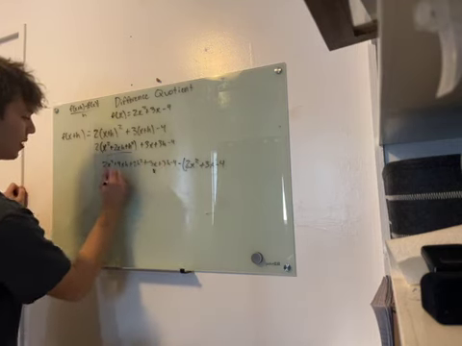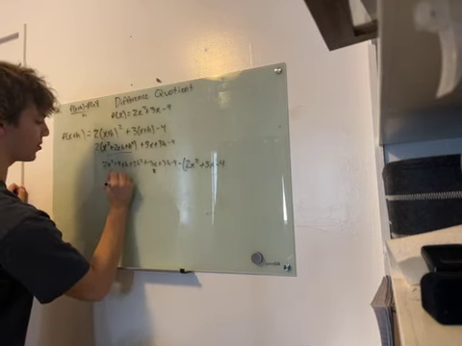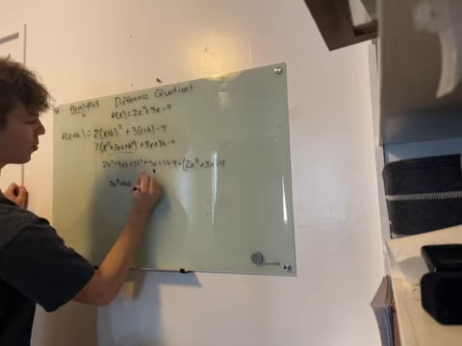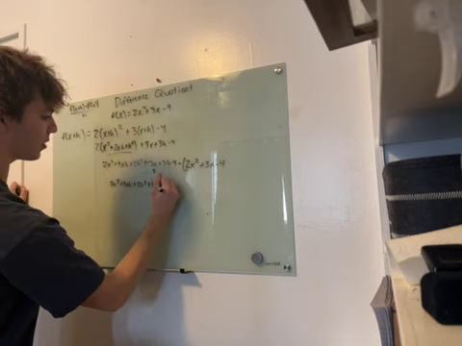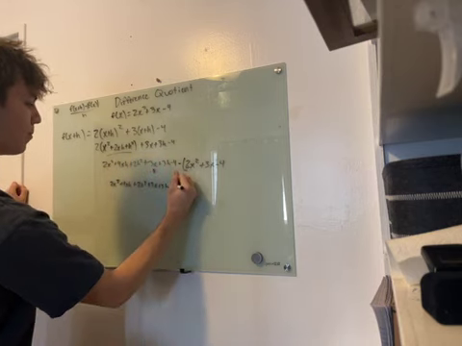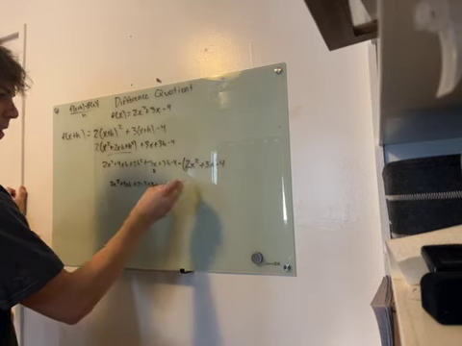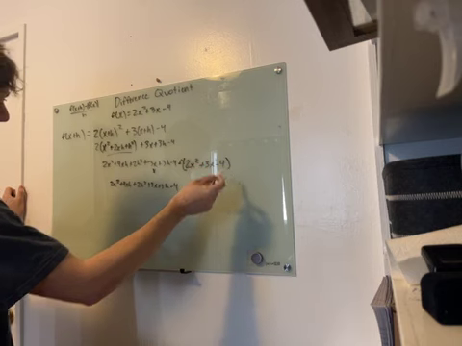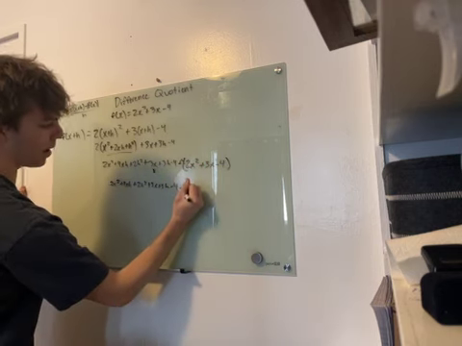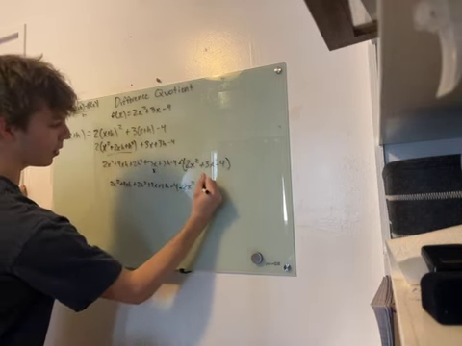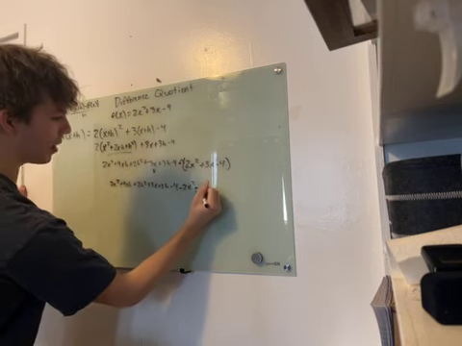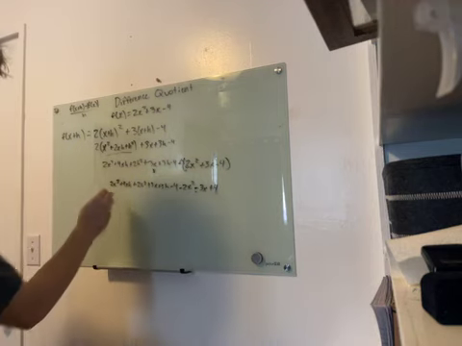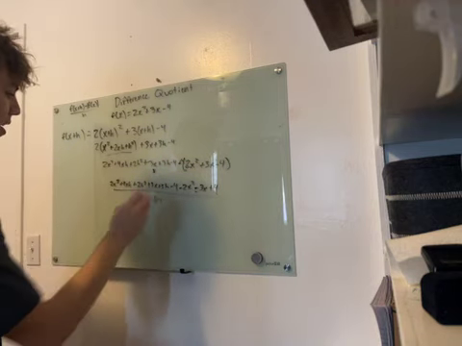So when we move down one, we have 2x squared plus 4xh plus 2h squared plus 3x plus 3h minus 4. And then this is going to make all of these negatives, or in the case of the 4, it's going to make it positive. So minus 2x squared, minus 3x plus 4. Now this is all over h.